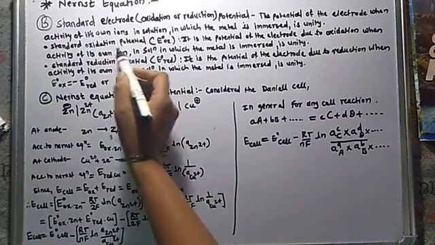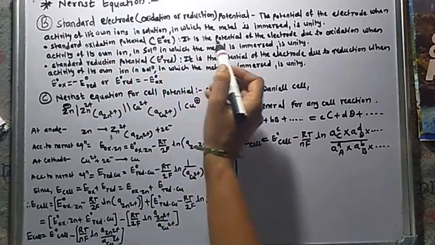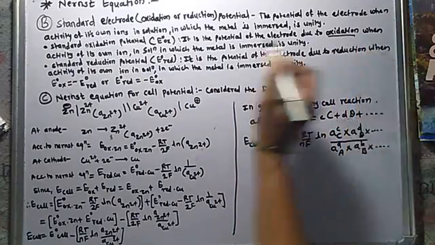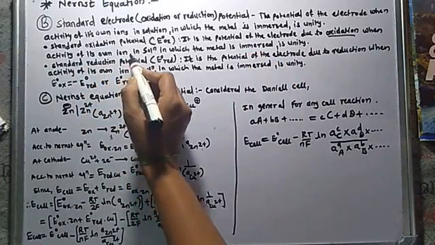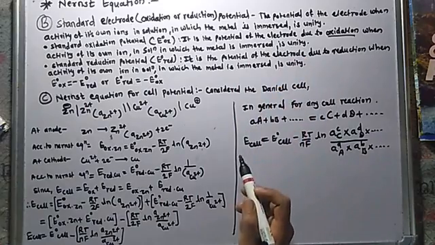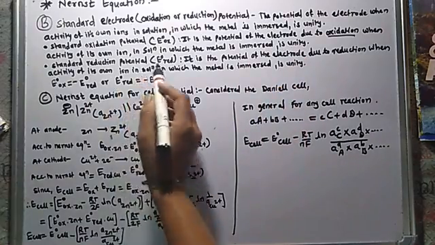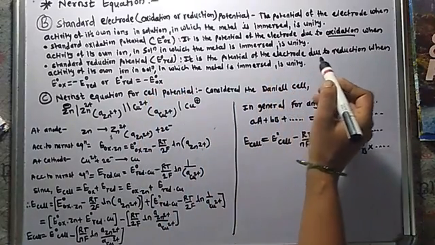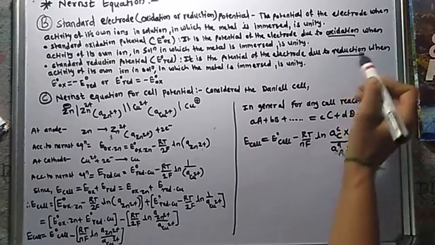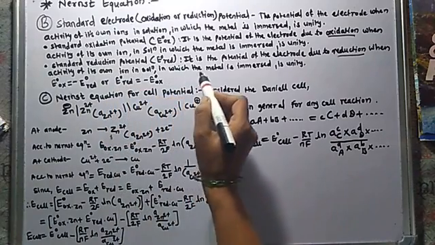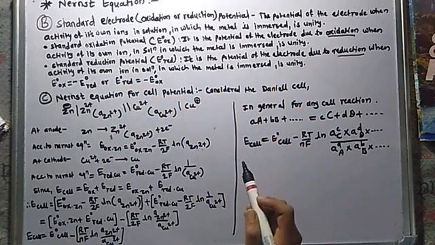So the standard oxidation potential is the potential of the electrode due to oxidation when the activity of its own ion in the solution in which the metal is immersed is unity. Second, the standard reduction potential is represented as the potential of the electrode due to reduction, when the activity of its own ion in the solution in which the metal is immersed is unity.